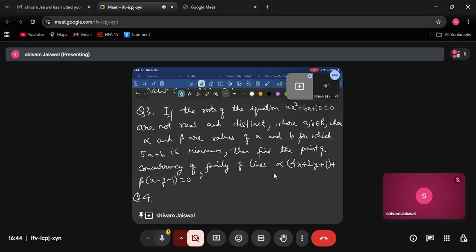Question number 4. Let A(1, 1) and B(3, 2) be two points.